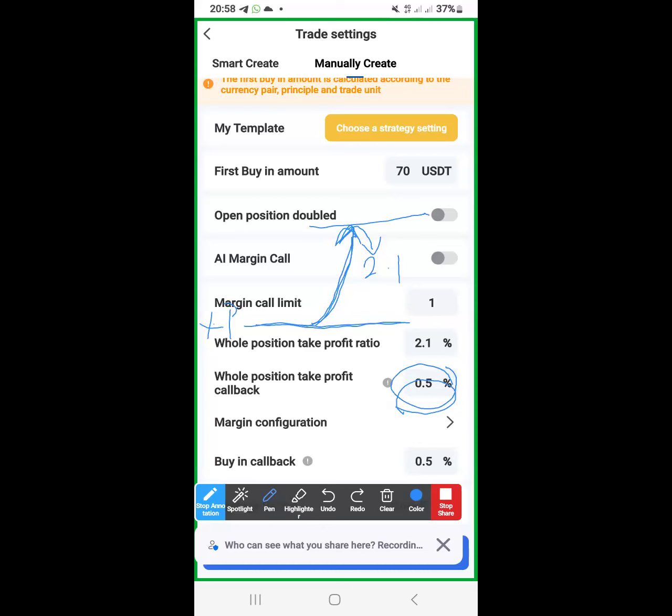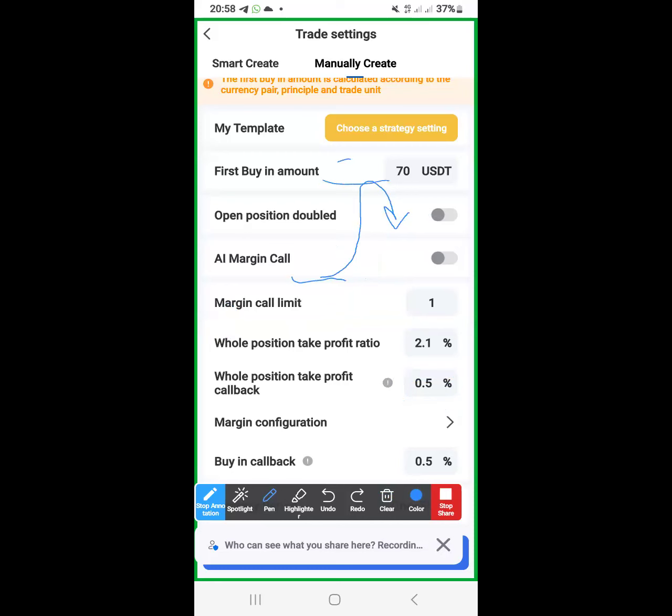So its work is to monitor the market and look for maximum profit possibility, maximum opportunity for giving you profit. That is one scenario. So if the market price rises by 2.1 and then begins dropping, the robot is going to wait.